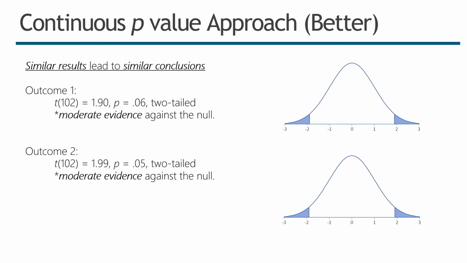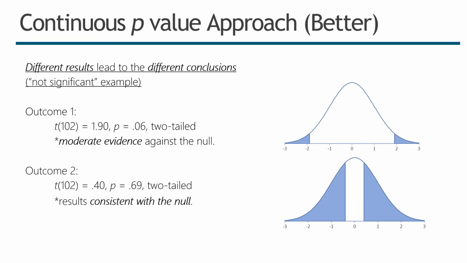Similar results led to similar conclusions. In this next example, outcome 1 has a p-value of 0.06, and we would conclude that that is moderate evidence against the null hypothesis. Outcome 2 has a p-value of 0.69, and this data would be judged to be consistent with the null hypothesis. Here, different results led to different conclusions.